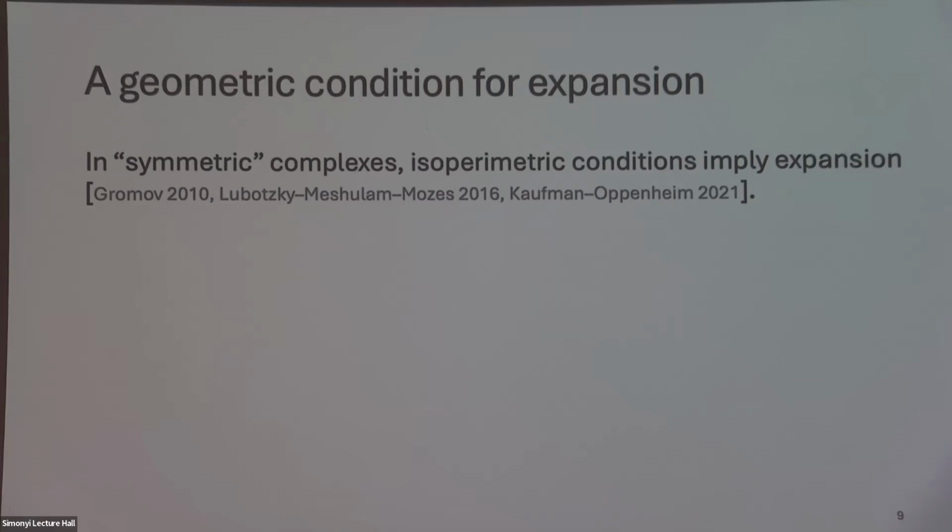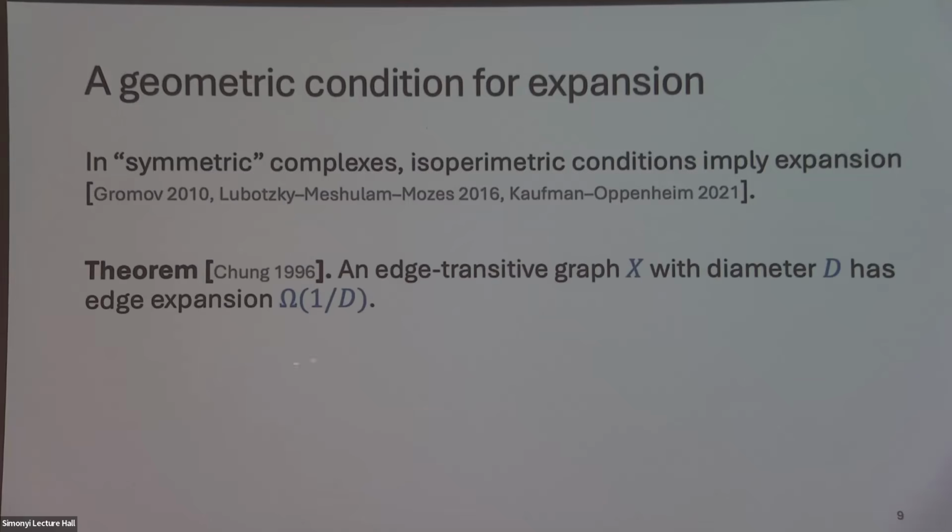And by this, what I mean is something like the following. So for instance, here's a fact. This is just a fact about graphs, not a fact about hypergraphs. If I have a graph and it's very symmetric, it's edge transitive, and the diameter of the graph is small, then this graph is a good expander. It has good edge expansion. So you should just think of this as small diameter implies good edge expansion.